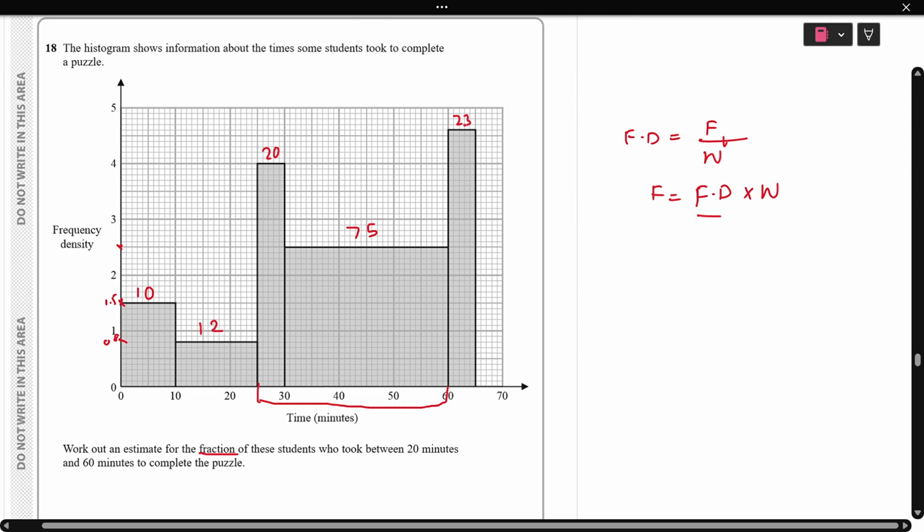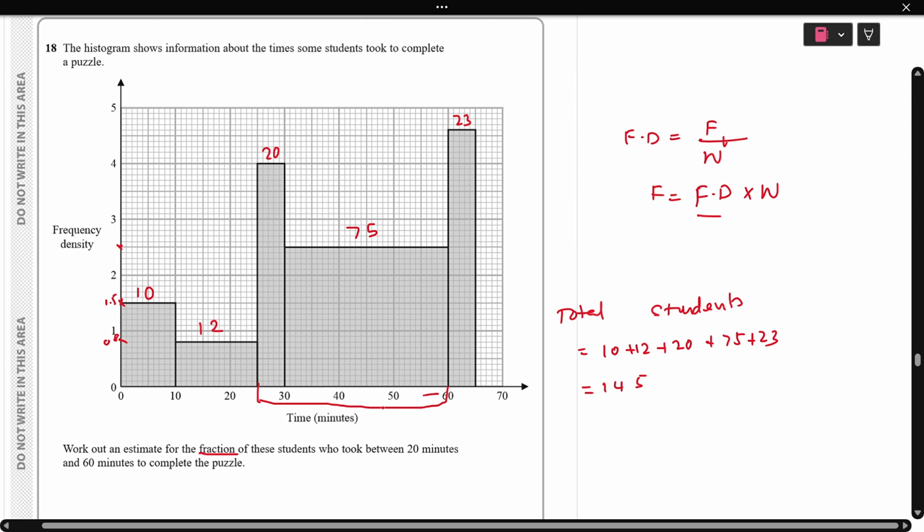So when we add up the total number of students, it is 10 plus 12 plus 20 plus 75 plus 23, which is 145.